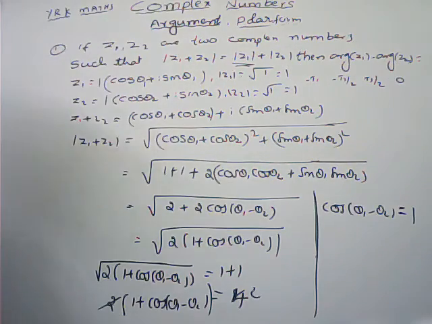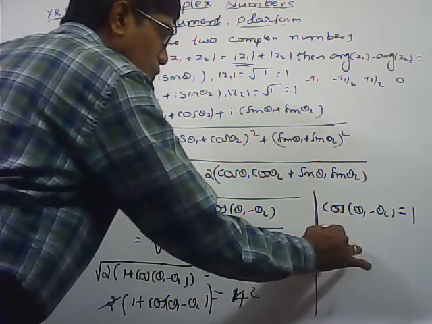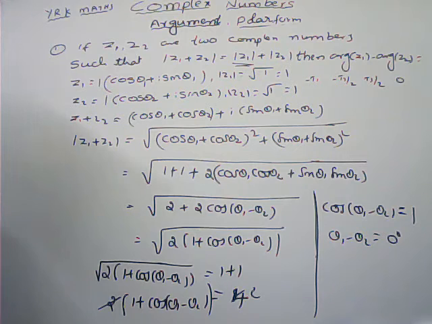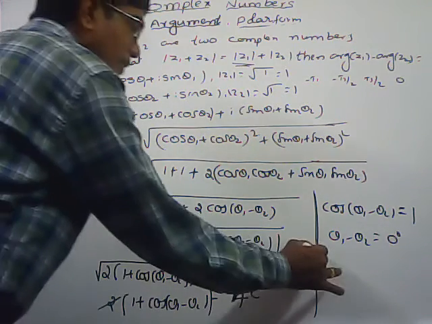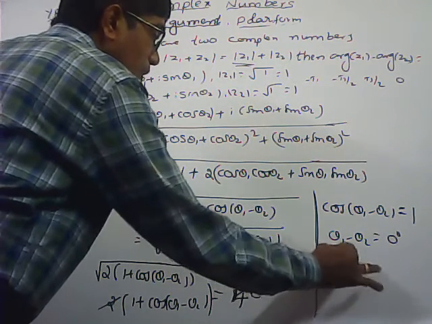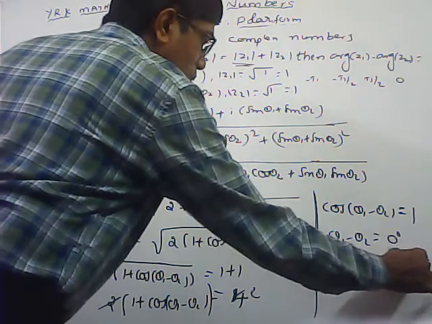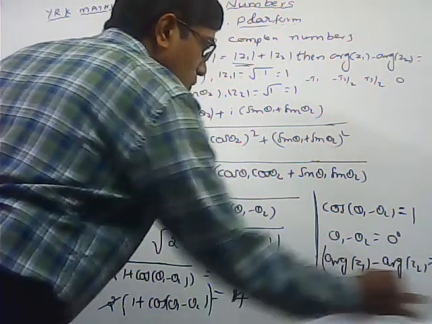Cos of theta is equal to 1, so theta 1 minus theta 2 should be equal to 0 degrees, since cos 0 degrees is 1. Theta 1, the argument of Z1, minus theta 2, the argument of Z2, is equal to 0.